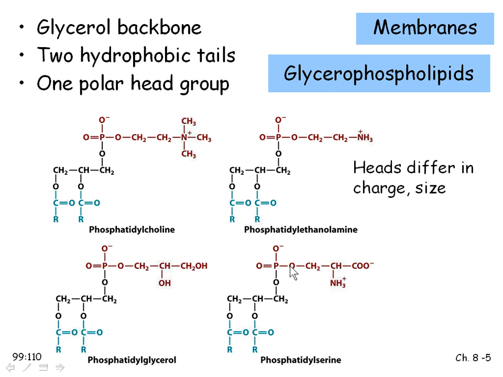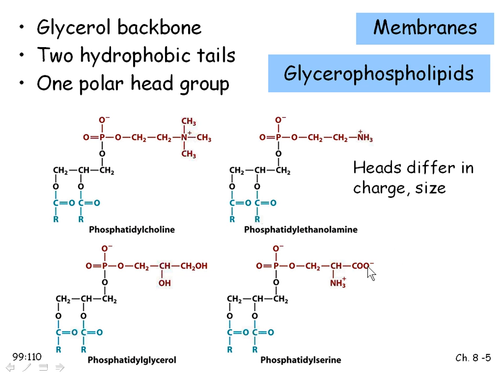Now, if you take a look and think about it, not only are there different groups in here, but they are different groups with a range of properties. So here's a bulky positive charge. Here is a positive charge, but not so bulky. Here is a neutral but polar group. And here is one that has both a positive and a negative charge on it.